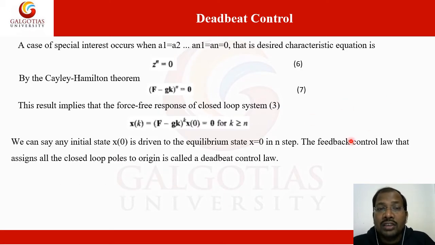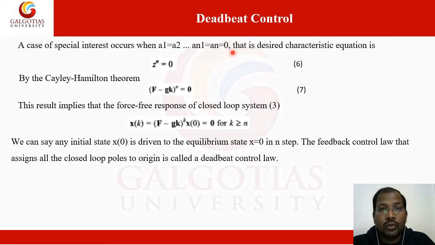Here we are just considering a special case, because we are interested in when a1, a2, up to an are equal to 0, since we are going to design the deadbeat controller. For the deadbeat controller, all the poles lie at the origin.